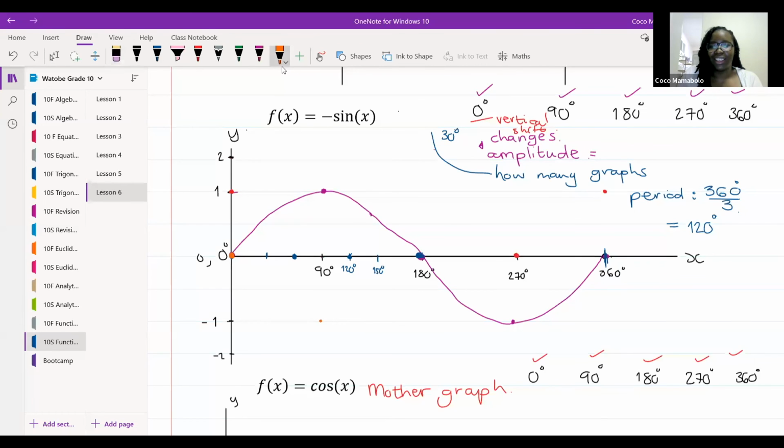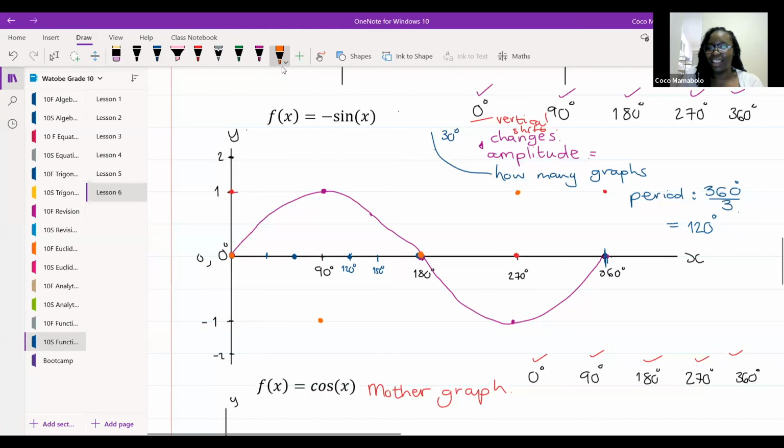Good. What about negative sine of 180? Good, it will give us 0. Negative sine of 270 is 1. Good.